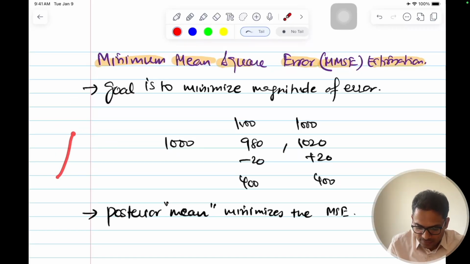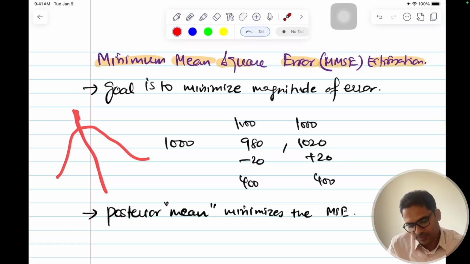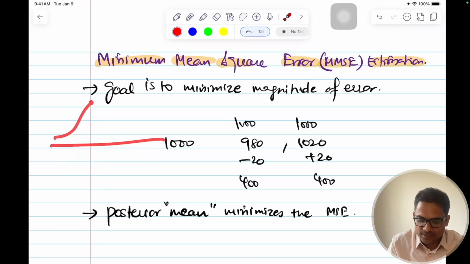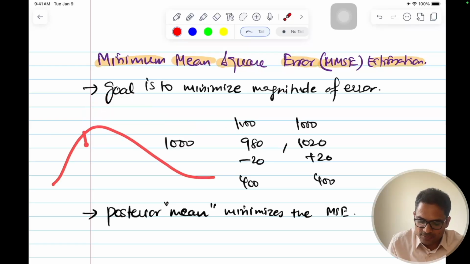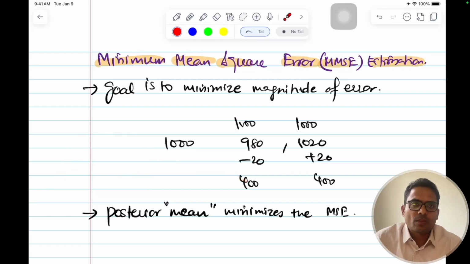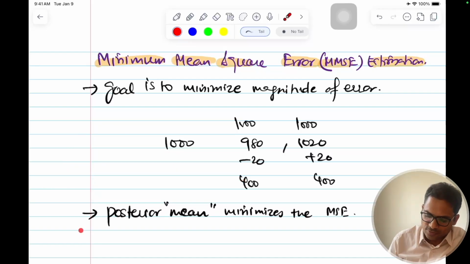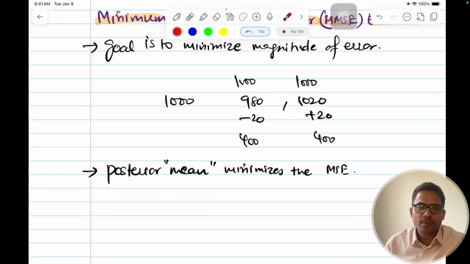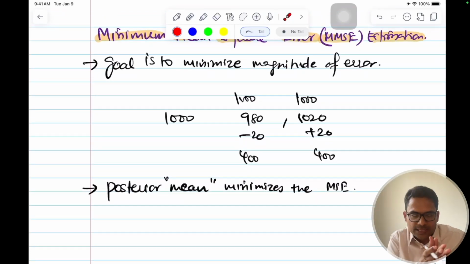But here we want to find the mean of that distribution. Even for MAP, if it's a skewed distribution, we want to find the peak. But here the mean will be somewhere here, with most of the values on this side. That's what we want to find, so that our net error, that is the distance from the mean, is minimized.